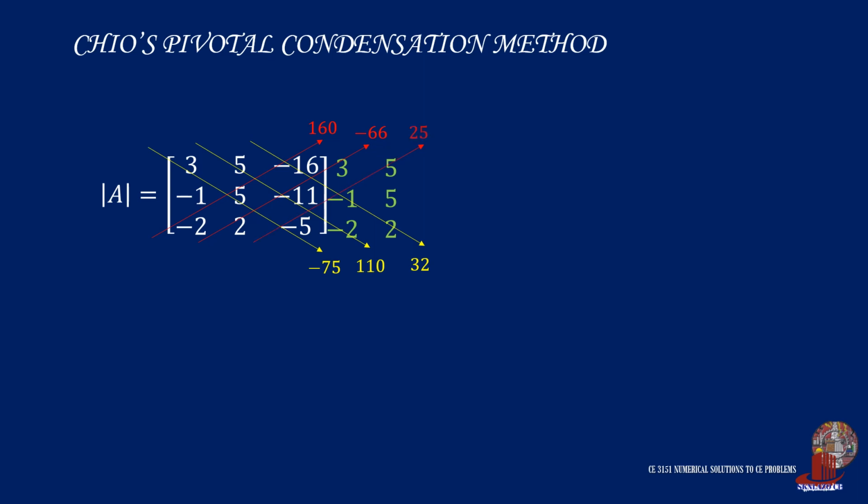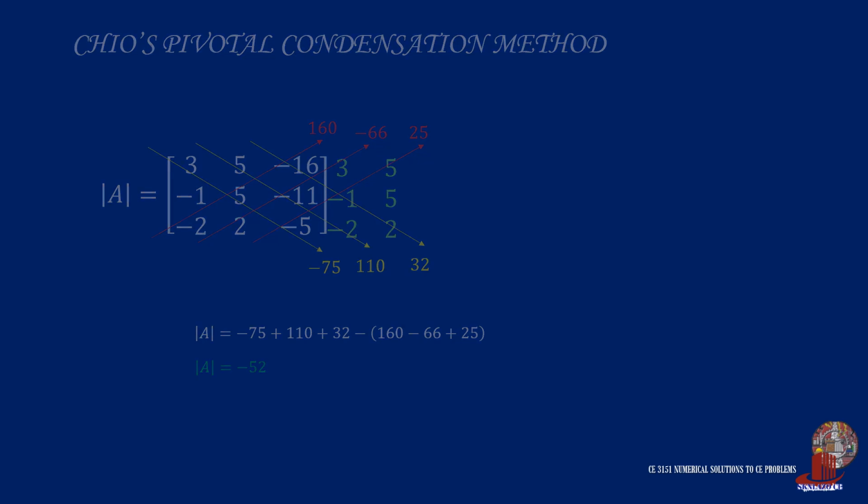Last diagonal has -5, -1, and 5 giving 25. So the determinant of matrix A is simplified as -75 plus 110 plus 32 minus the quantity of 160 minus 66 plus 25. And this results to -52.